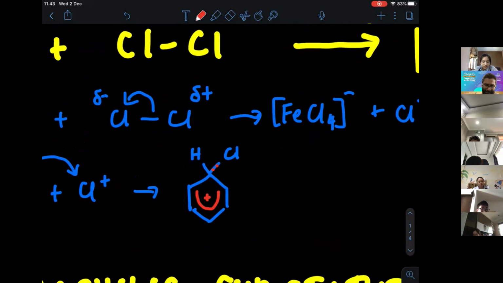What is going to happen next is the electrons need to come back again to complete the ring. There is going to be another arrow, and during that time heterolytic fission is going to happen. You are going to get a benzene molecule with the Cl, left with the H plus.